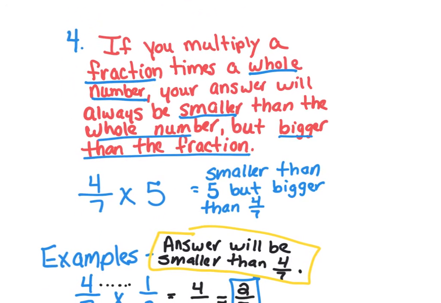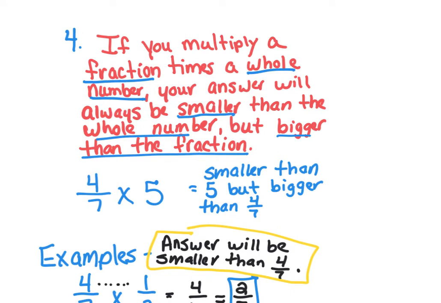Number 4. If you multiply a fraction times a whole number, your answer will always be smaller than the whole number but bigger than the fraction. So if your fraction is 4/7, which is the fraction that we've been consistent with, we want 4/7 of 5.